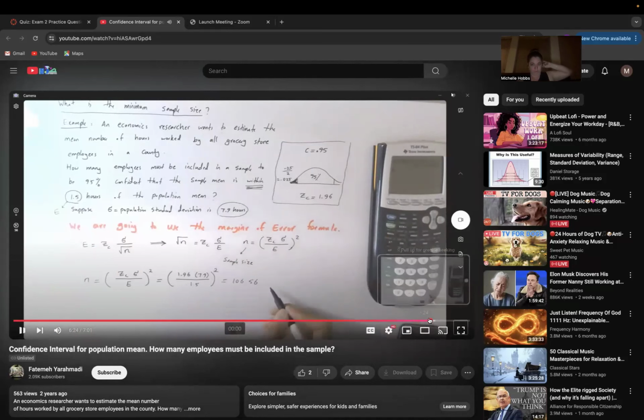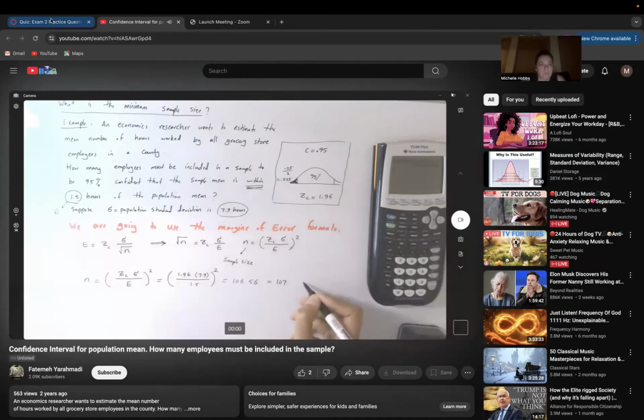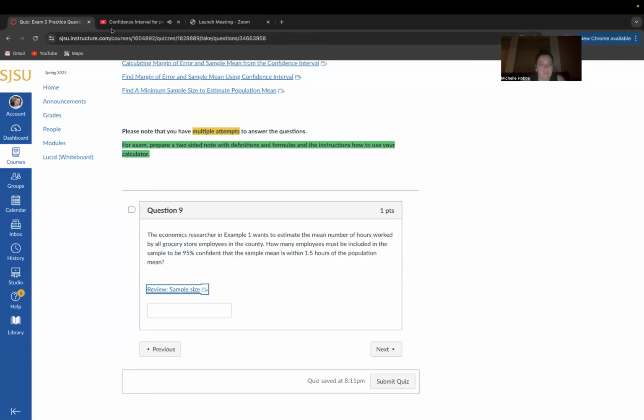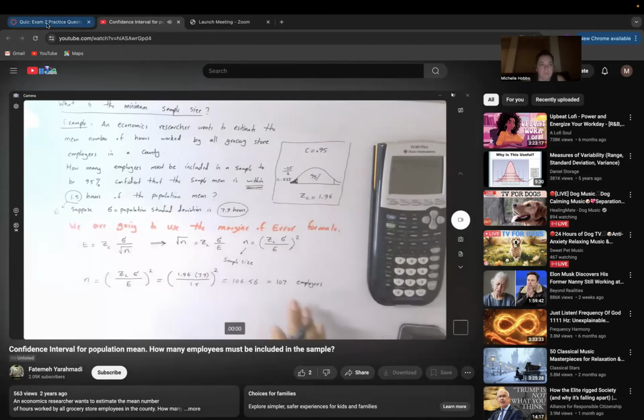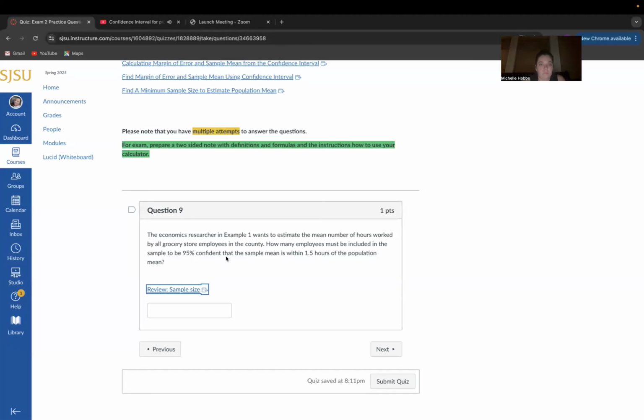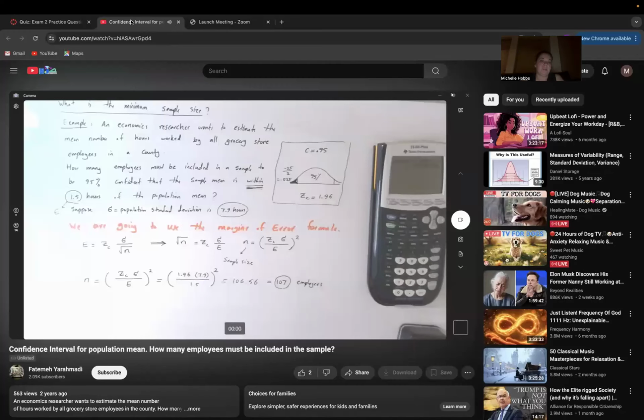Computing this quantity, we get 107 grocery store employees. So the sample size, the number of people that you need to ask, is 107 employees. That's how we find the sample size. 107.